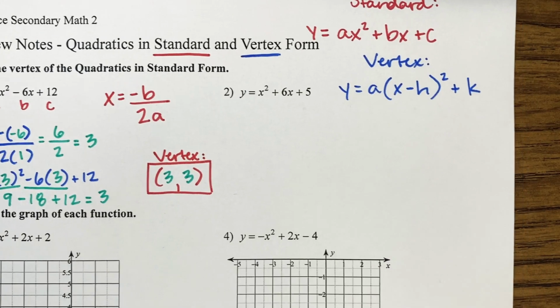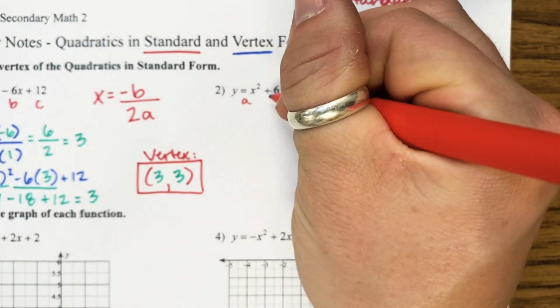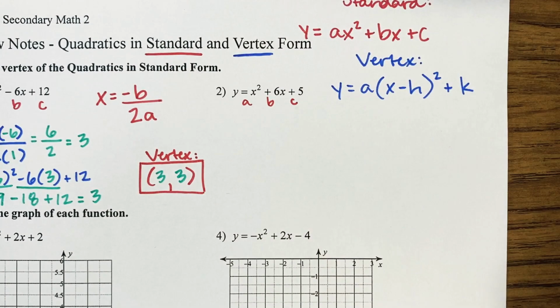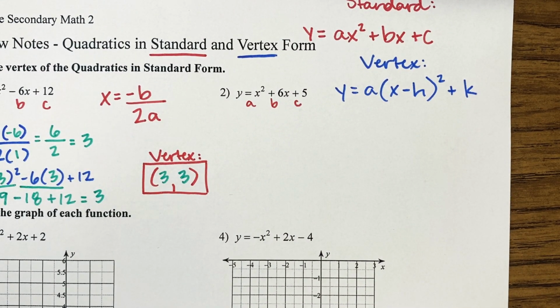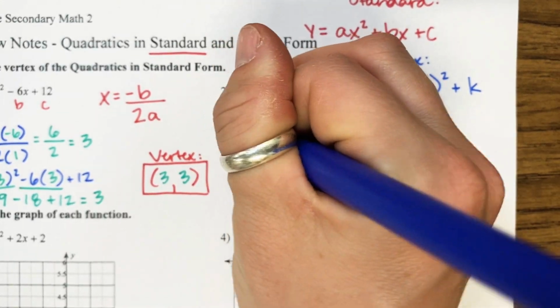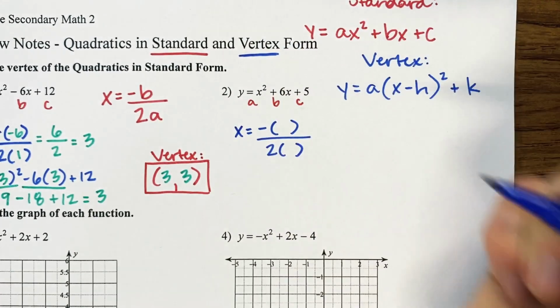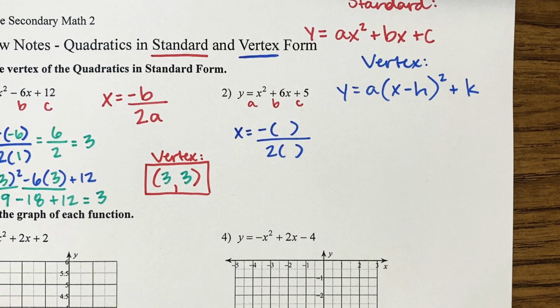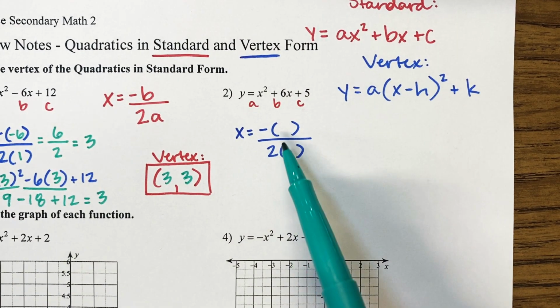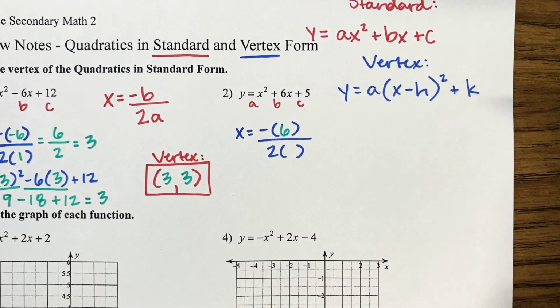Let's do the same thing for number 2. The first thing we need to do is identify our a, b, and c so we can plug it into our mini formula. So we have x is equal to negative b over 2 times a. Let's plug in what we know. B goes on top. What is my b? Positive 6 this time.